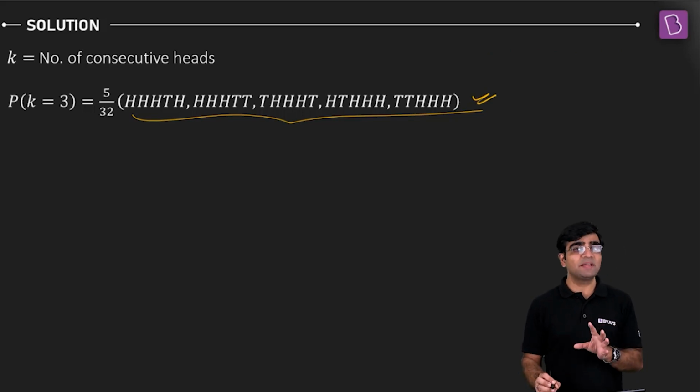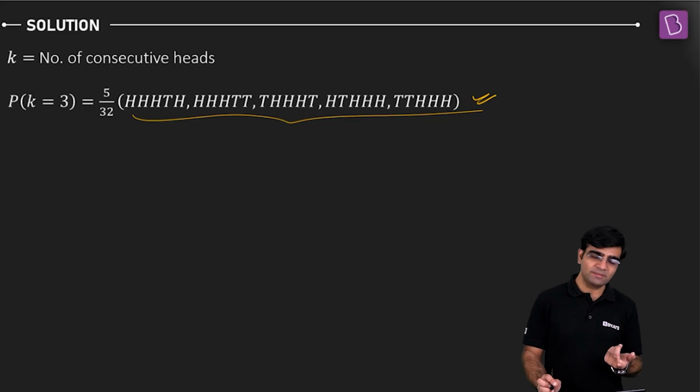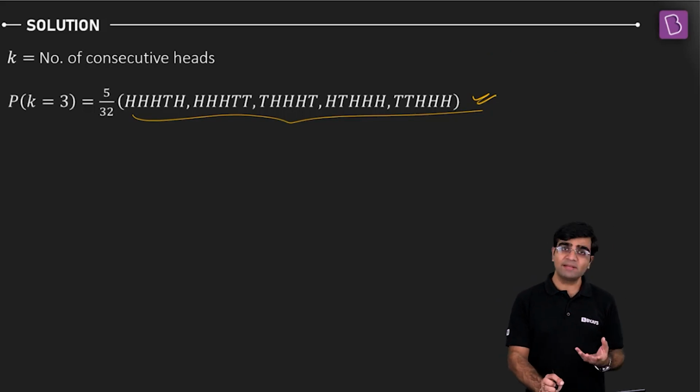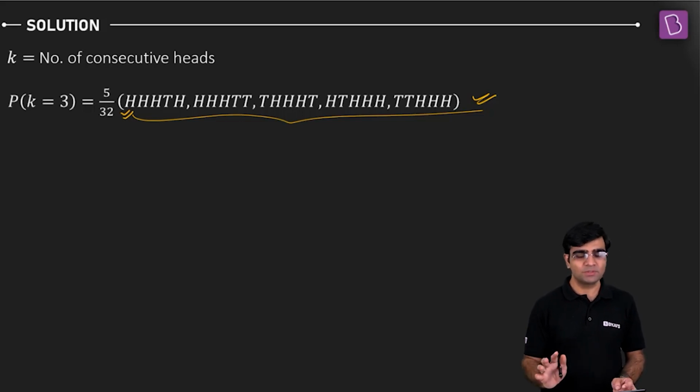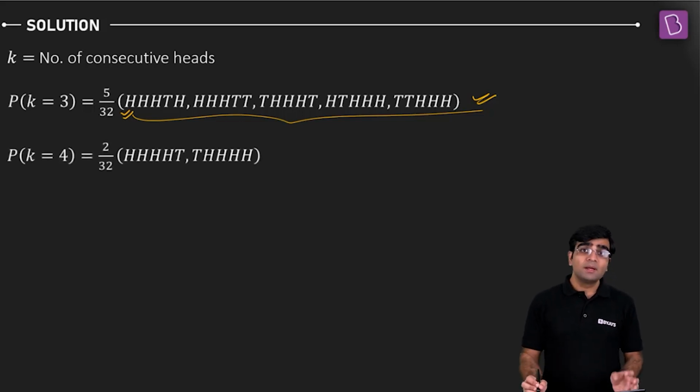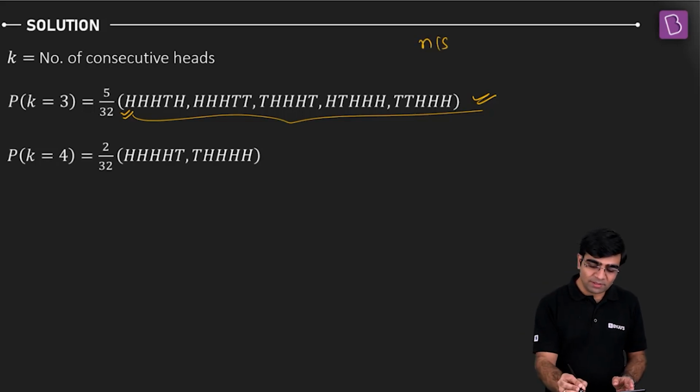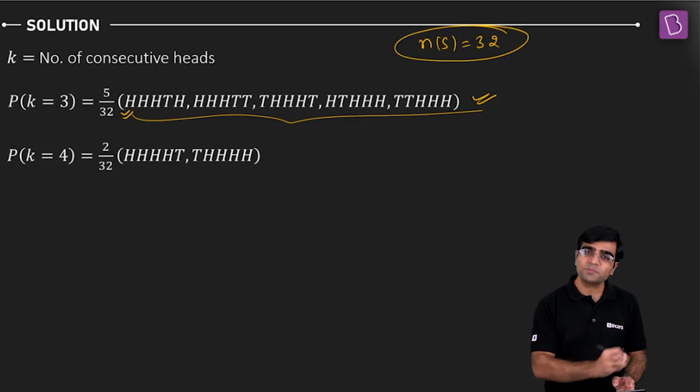The favorable ones for k equal to 3, that is 3 consecutive heads, are these 5. So the sample space is 32, favorable cases are 5, and the probability becomes 5 by 32. Understood? Okay. For 4 heads, the total sample space remains the same, so the number of elements in the sample space is still 32.